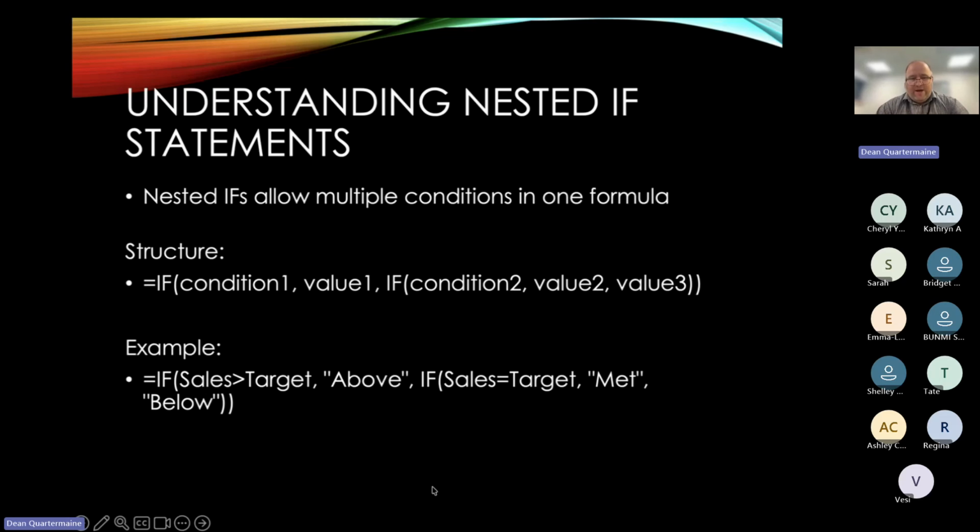So this bottom statement here with this nested if statement allows us to do that. It allows us to say, are the sales greater than the target? Yes. If not, are the sales exactly the same as the target? And then if it's not either of those two things, it must be below the target. So that's a nested if statement.